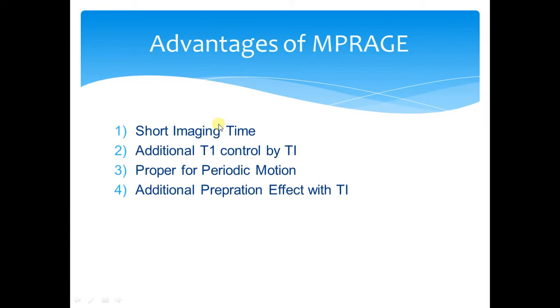Another advantage is that we can control T1 weighting by changing the inversion time. Another advantage is that because the sequence is periodic, it could be used for imaging subject to periodic motion, such as liver or heart imaging.